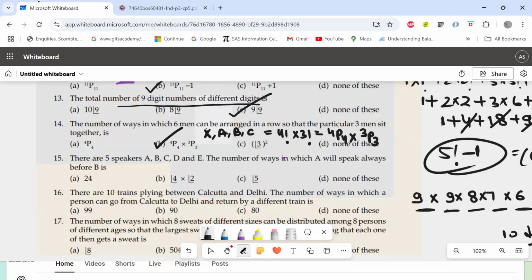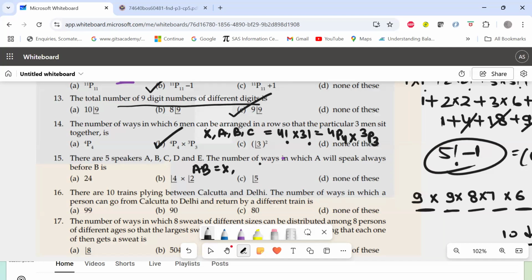Then question number 15: there are 5 speakers, A, B, C, D, E. The number of ways in which A will always speak before B. So fix A and B and make it X, and they will not interchange places.